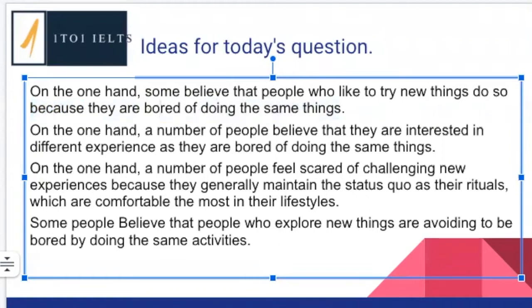The question was asking about people who like to try new things. Here it says about people who like to try new things. Good. There is a word in this sentence which is a little bit vague, and it's a word that we should, if possible, try and avoid in our academic writing.